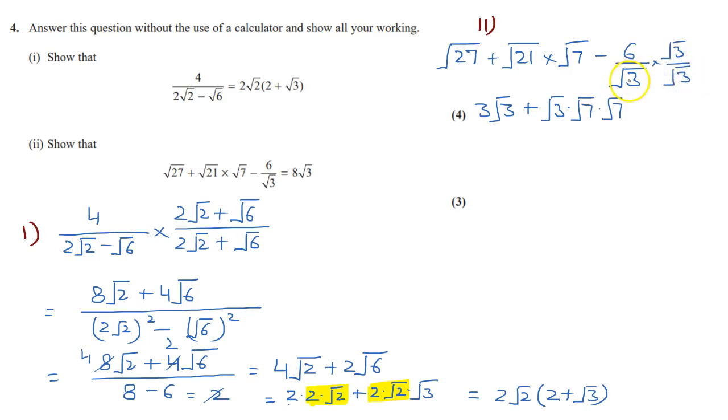Root 3 is 3. 6 divided by 3 is 2, so this is minus 2 root 3. So this one is 3 root 3 plus root 7 times root 7 is 7 root 3 minus 2 root 3. 3 and 7, 10 minus 2, so that is 8 root 3. That is what we are supposed to prove.